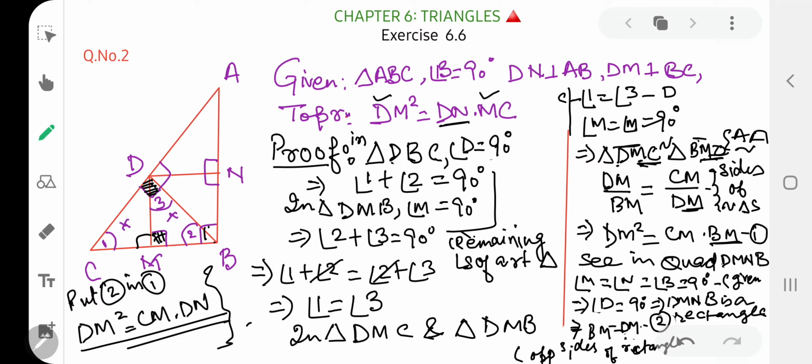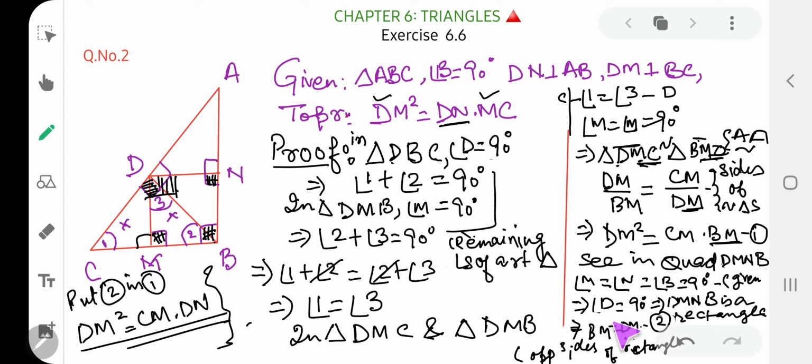This angle is also 90 degree. And this angle is also 90 degree. Three angles are 90 degree. That means the fourth angle of this quadrilateral is automatically equal to 90 degree by the angle sum property of quadrilateral. 360 should be the sum, 270 already we have. Therefore, this fourth angle will also be of 90 degree.